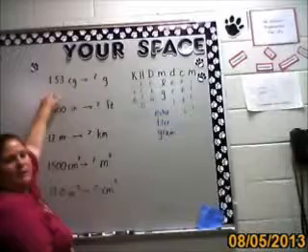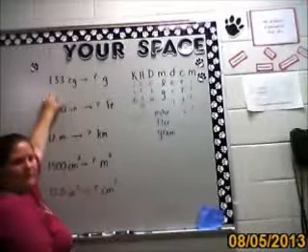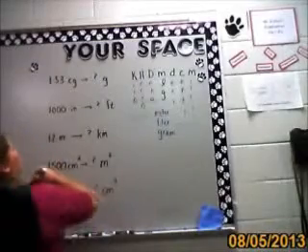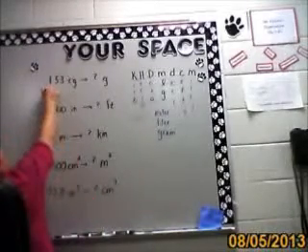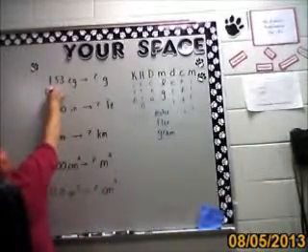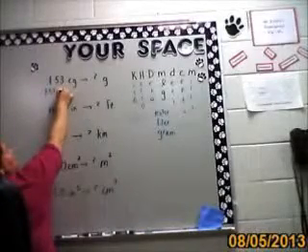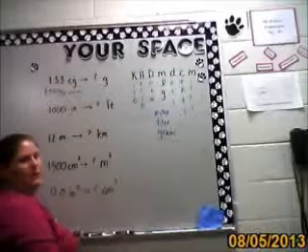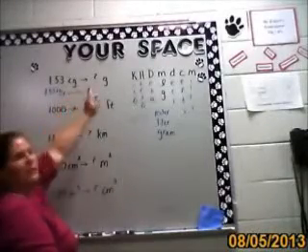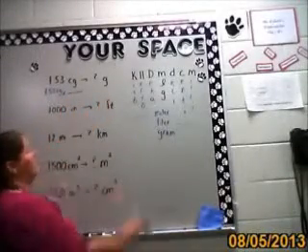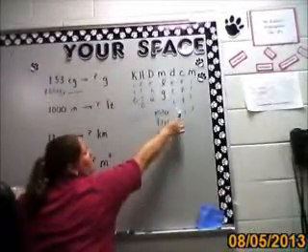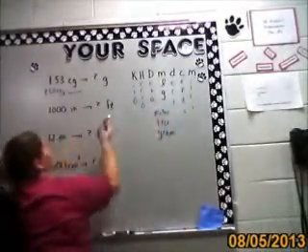The first one, I have 1.53 centigrams, and I want to make it grams. I start with what I know. 1.53 centigrams is given to me in the problem. I need to know the number of centigrams in a gram. So I look at my conversions. To go from centigram to gram, I had to move 1, 2 spaces.